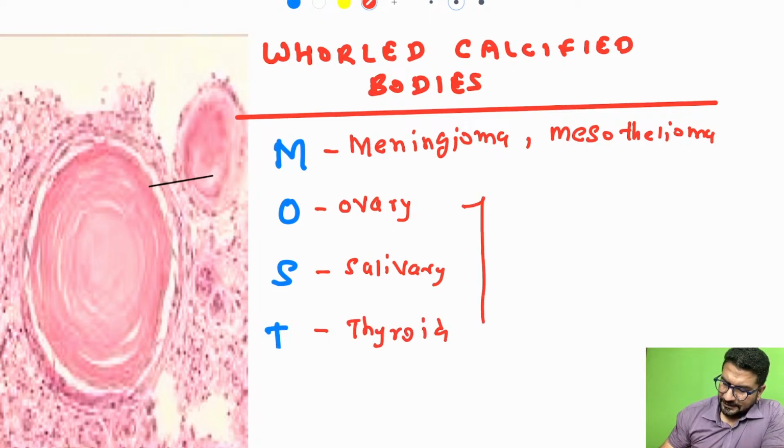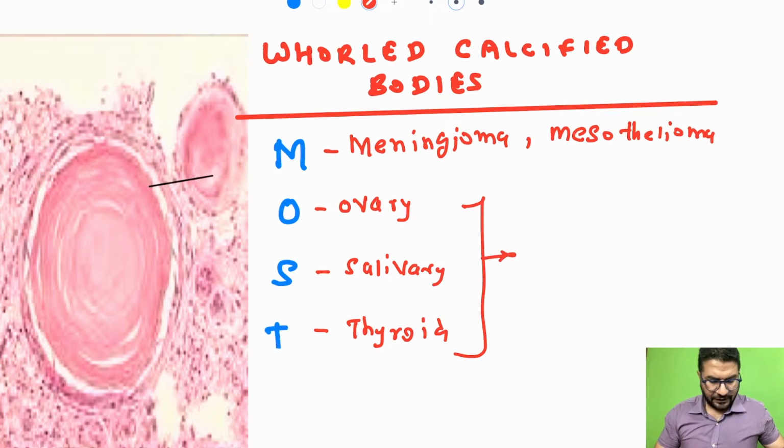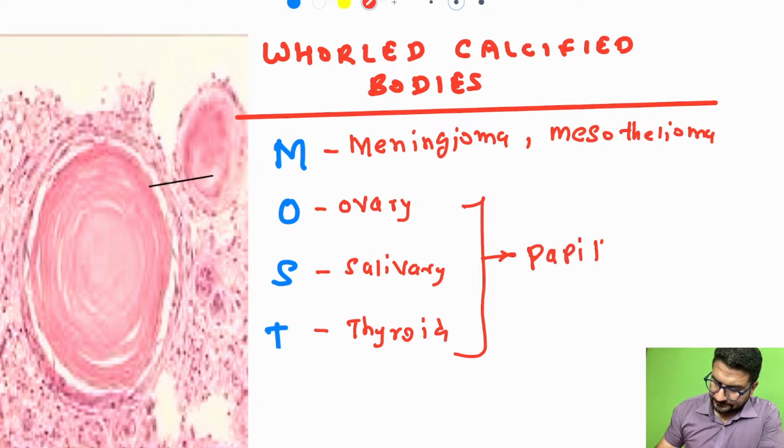Now understand, in all these three, which cancer will you see? In papillary carcinoma. So papillary carcinoma of ovary, salivary gland, thyroid.